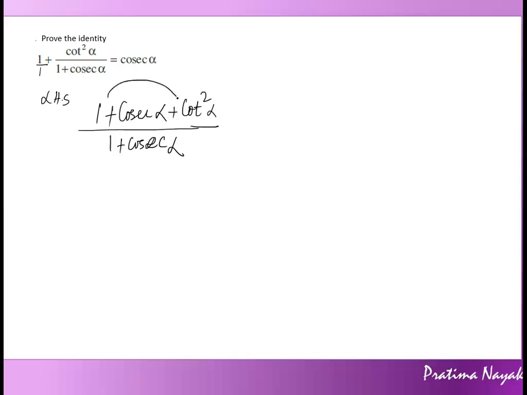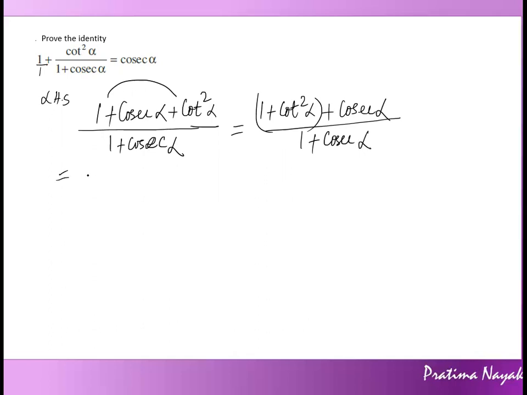Next, I'll take these two together. 1 plus cot square alpha. What formula will I get? I'll get cosec square alpha. So it will be cosec square alpha.